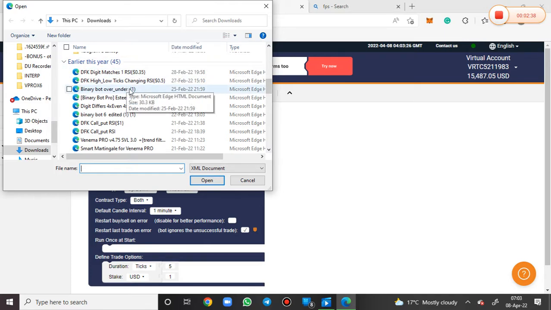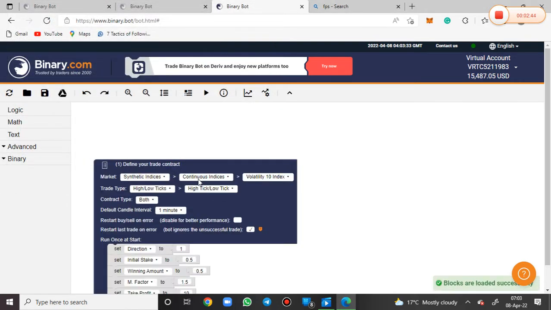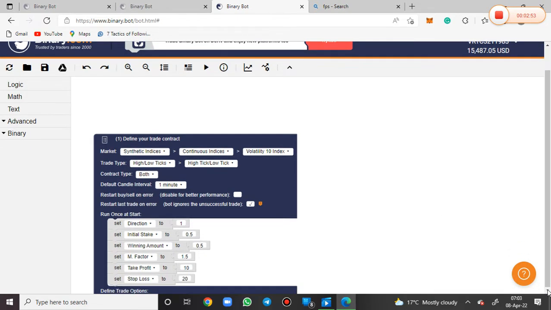For example, we use this bot, just for illustration purposes. You click there, you'll be told the blocks are loaded successfully. Once the blocks are loaded successfully, you'll see that this bot looks different from the default one.